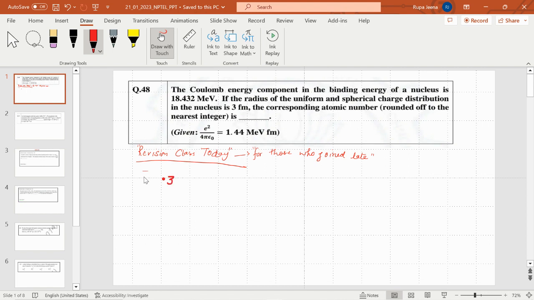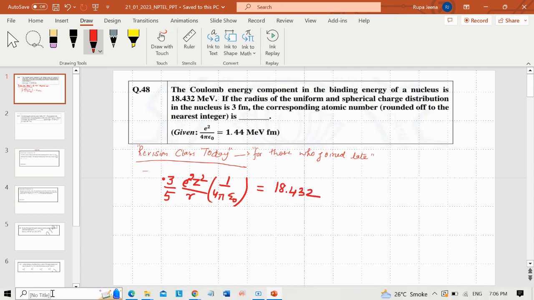You know the Coulomb energy component for binding energy is 3 by 5 e square Z square upon R, 1 upon 4 pi epsilon naught, right? You are given the value of this whole term that is written on the right hand side, and that is 18.432.